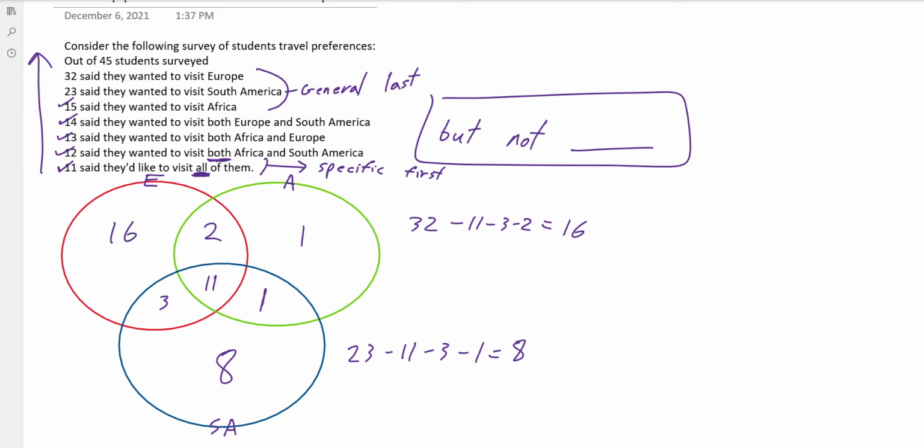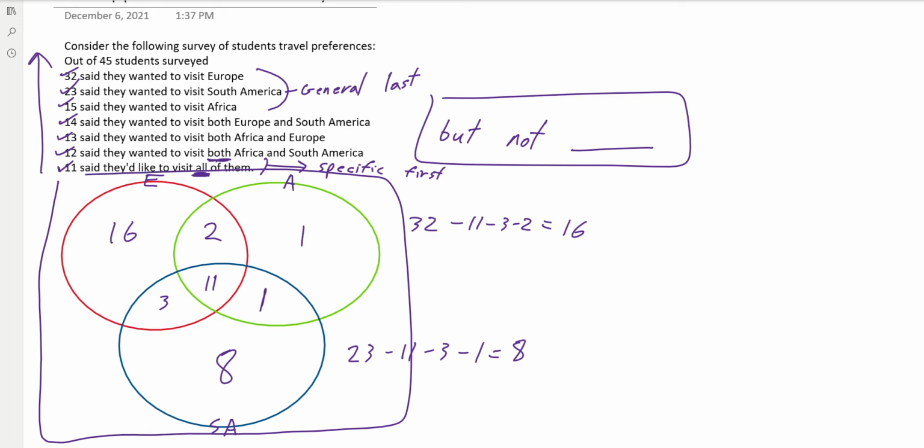We now have our full circle done, but we're not quite done yet. It says 45 students surveyed, so all of our numbers should add up to 45.